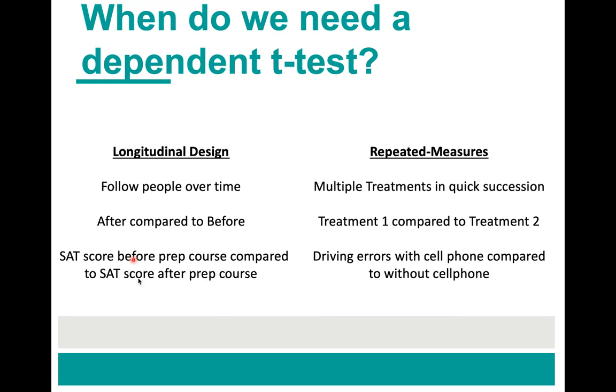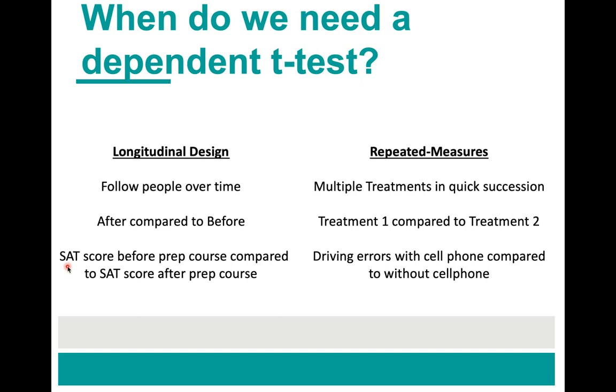So an example of an experimental design that we would call longitudinal might be that we give a bunch of high school juniors and seniors the SAT, and we see what their score is. Then we enroll them all in a prep course for maybe a month. They take the prep course, and then we give them the SAT again after the prep course.